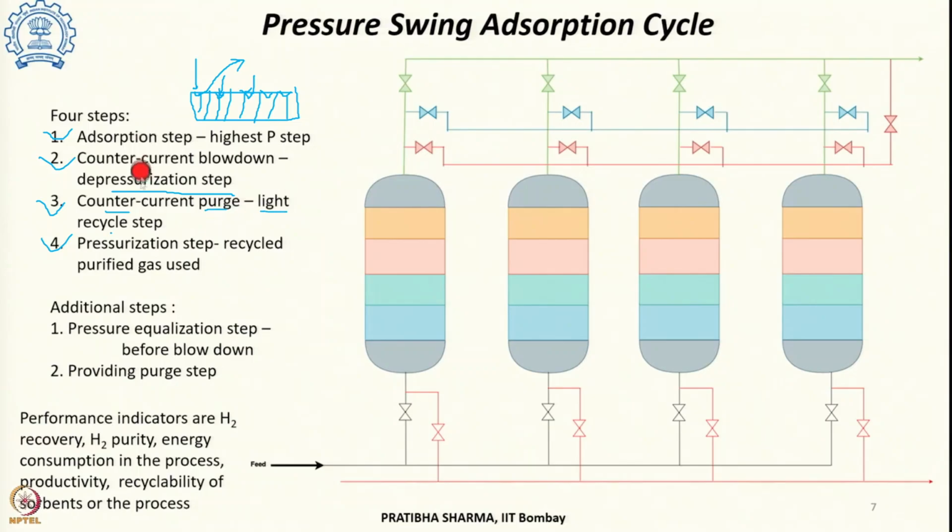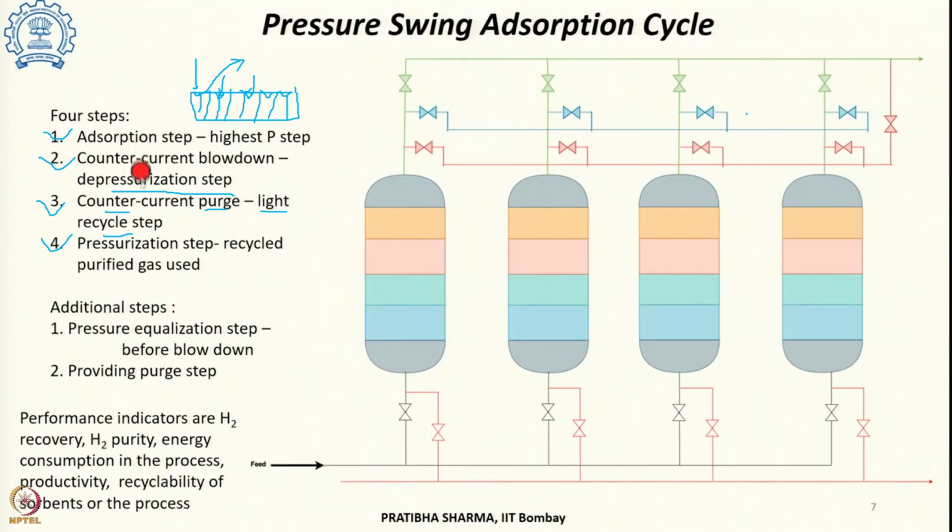In counter current purge, a small amount of hydrogen is purged, such that all the contamination and all the remaining hydrogen, some hydrogen that was entrapped in the pores, will come out when this process is run. That is process number 3.